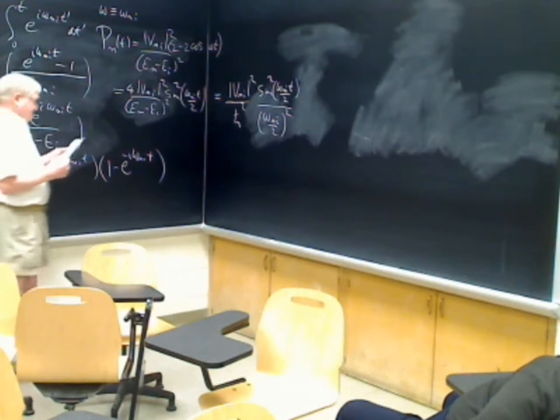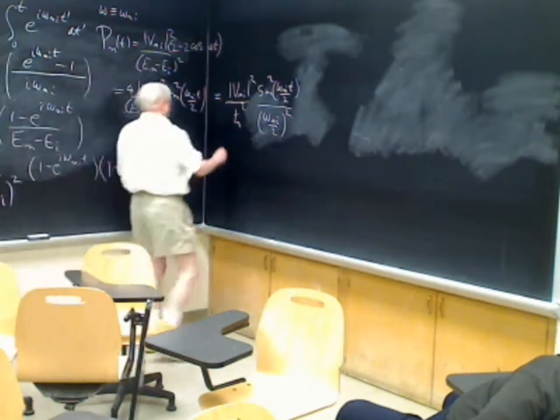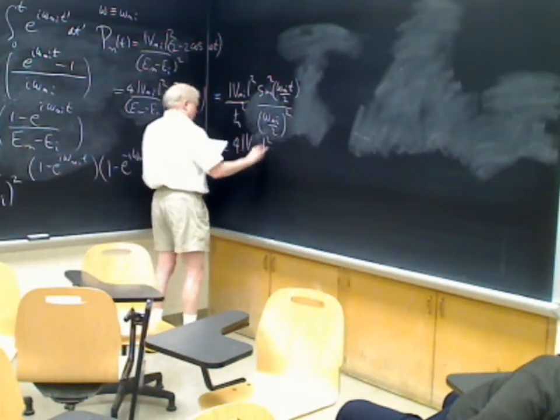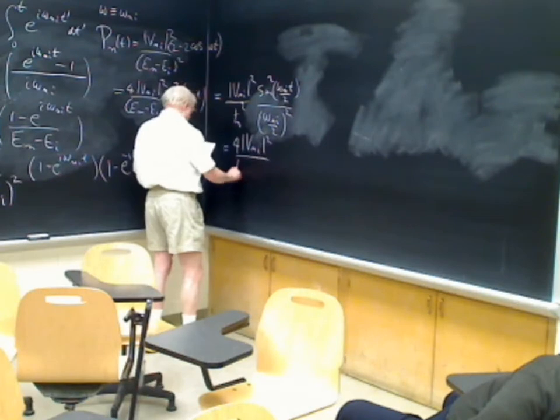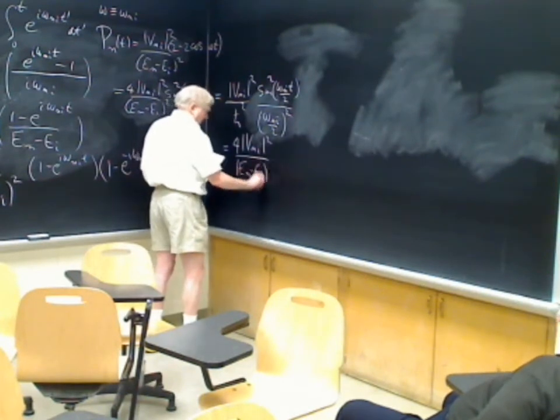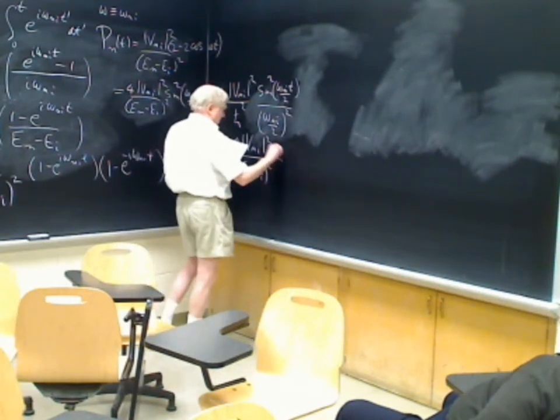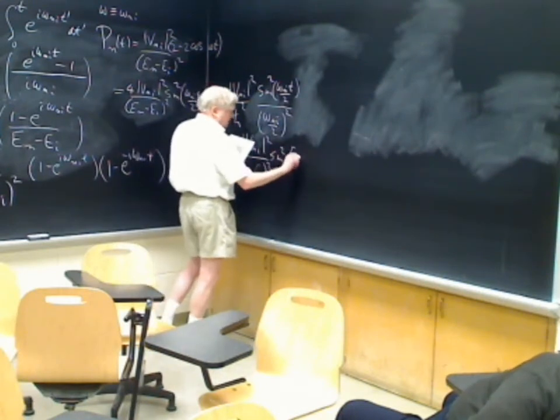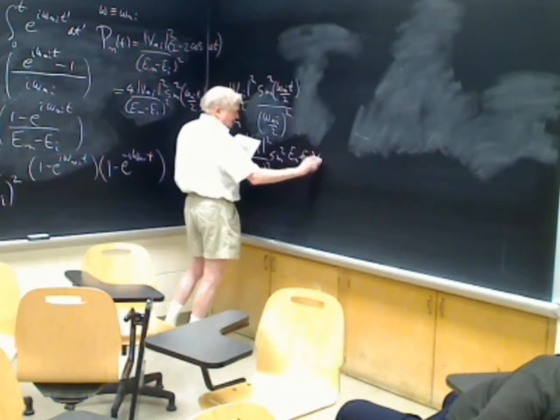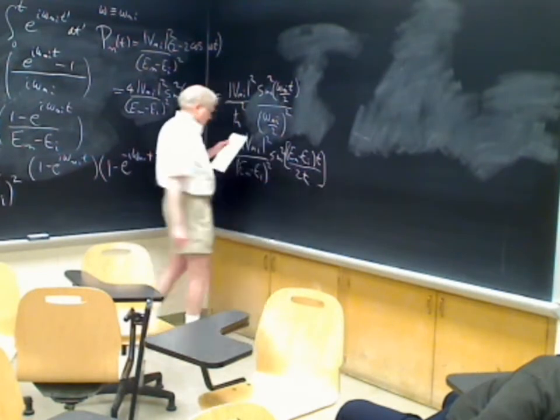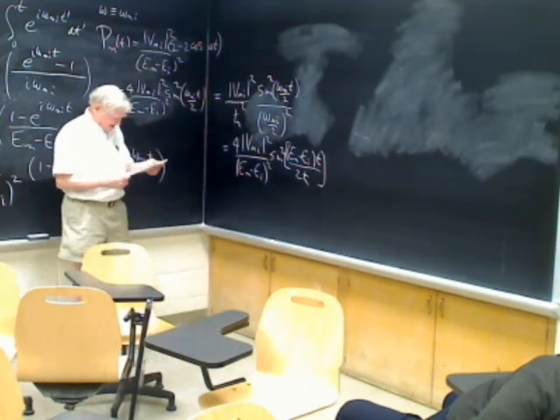Yet another way of writing this is 4 V_ni squared over the energy difference squared, sine squared of E_n minus E_i t over 2 h bar. So those are all these different ways of writing it.